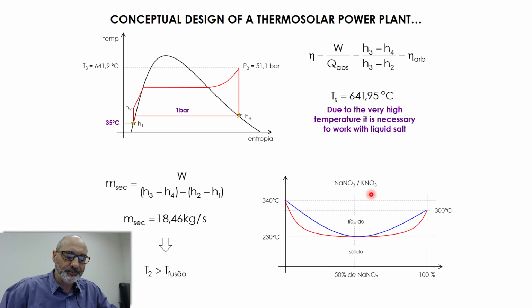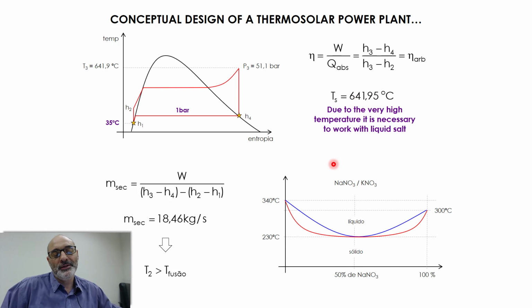So we're going to use this mixture, and our lower temperature limit is 230 degrees. So this number here, we're going to use it to calculate something in a few moments, okay?